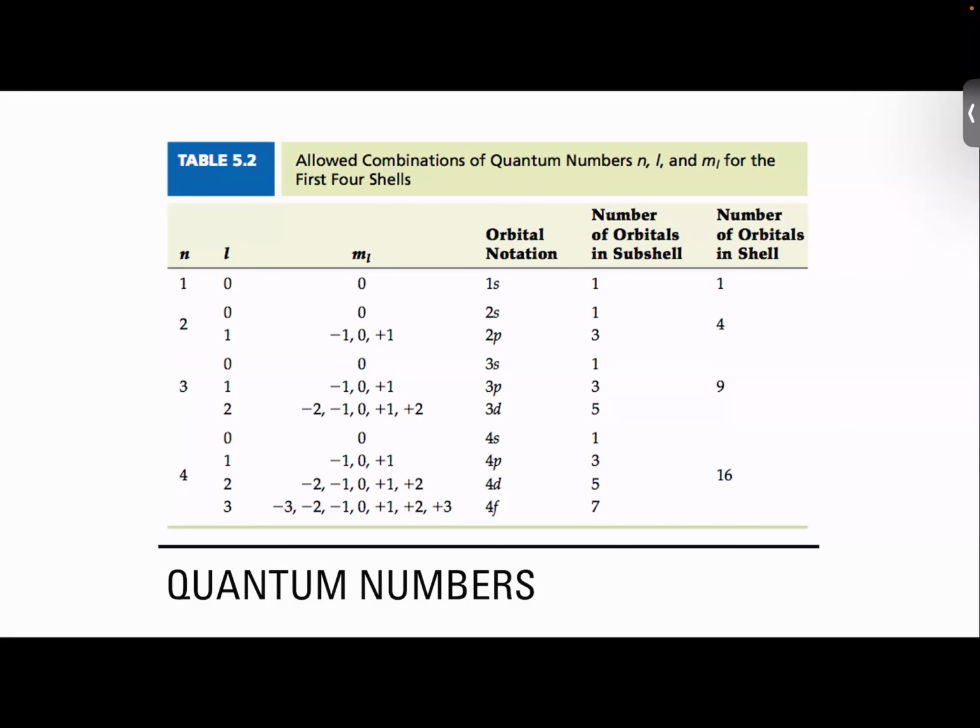Now, with the D's, your transition metals, if I am looking at scandium through zinc, the N value is going to wind up as the period number minus 1.